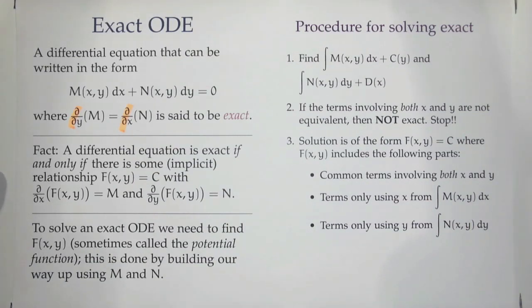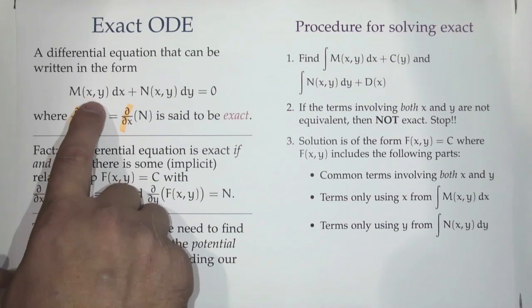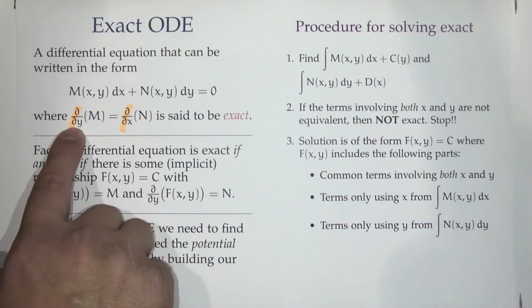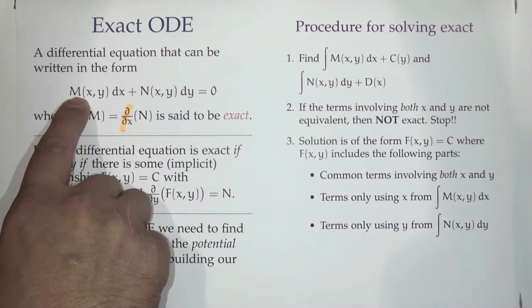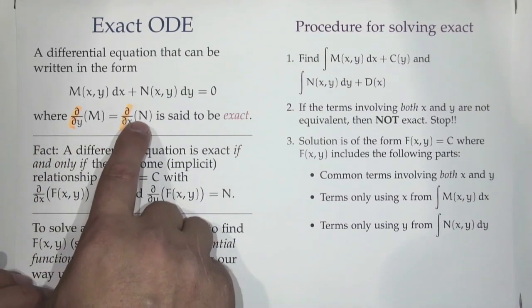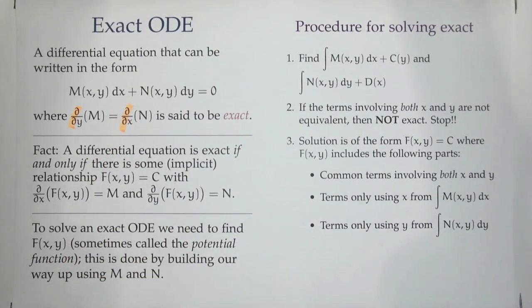It's just a fancy way of saying this function here depends on two different variables, x and y. But we're only going to take the derivative of just the parts which involve y. We'll treat x like a constant. So that's what we mean when we say partial derivative. So take the partial derivative of this first part, M with respect to y. If that equals the partial derivative of this second part, N with respect to x, you're exact.